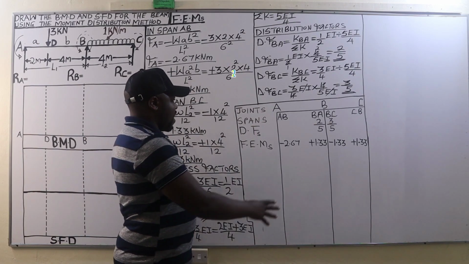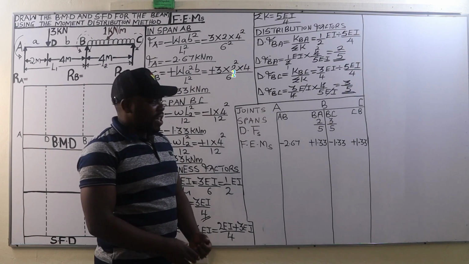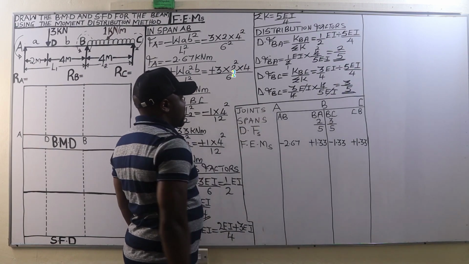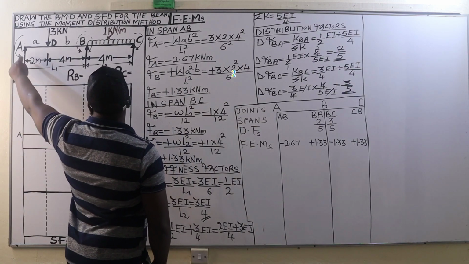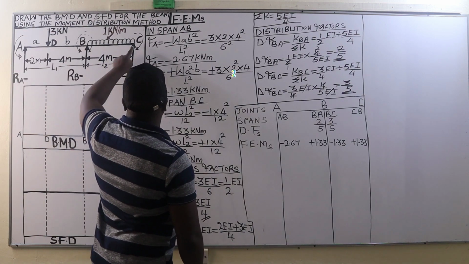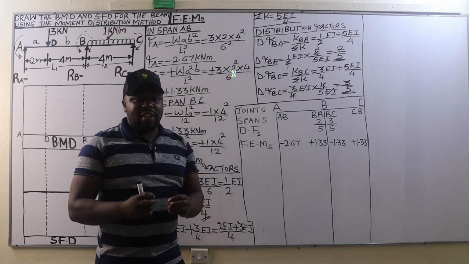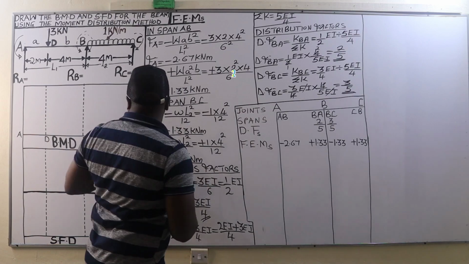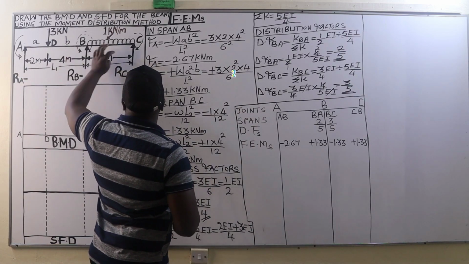So this is how our distribution table is going to look like. We are going to have joints, and in this case we have 3 joints: joint A, joint B, as well as joint C. And when you are talking about the joints, it is where we got the supports.